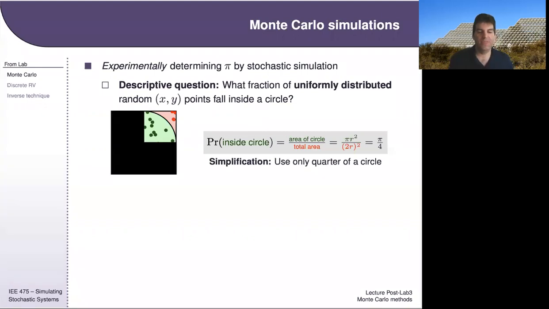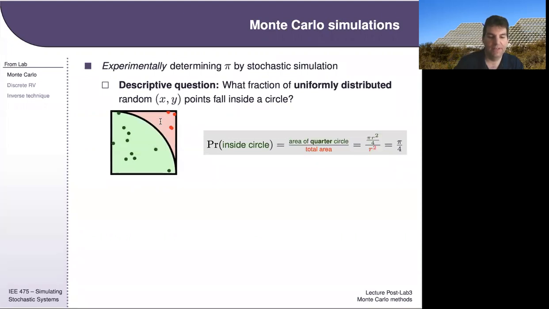And so, with that in mind, we didn't even have to use the whole square. In that lab, we just used a corner of the square. In the corner of the square, you can say, well, what's the area of the corner of the square? Well, that's maybe just r squared. And then what's the area of that little section of the circle? That's pi r squared over 4. And I get the same thing.